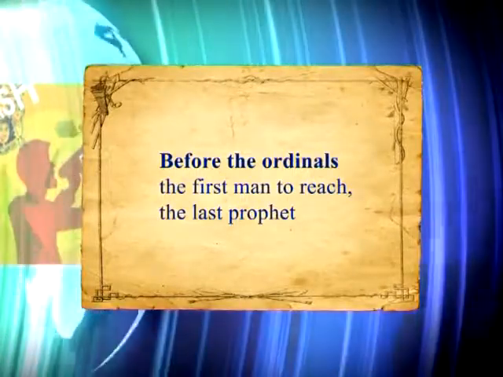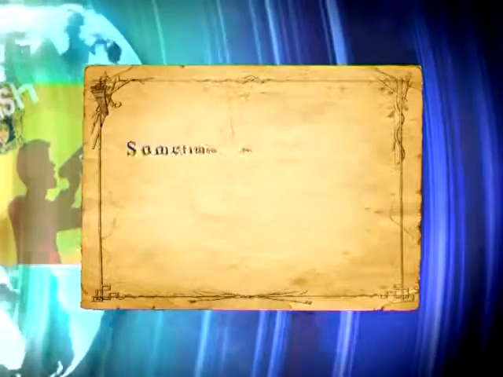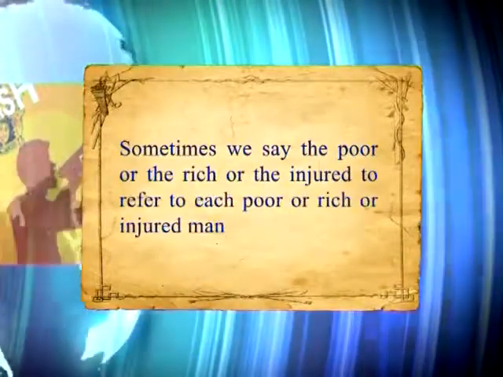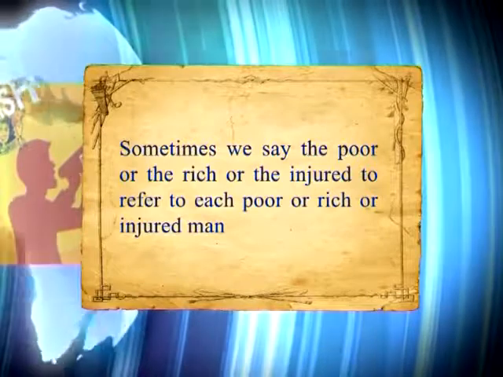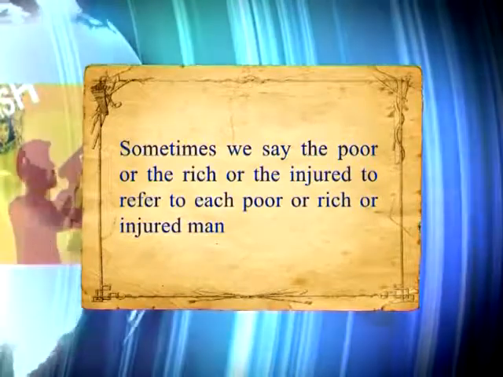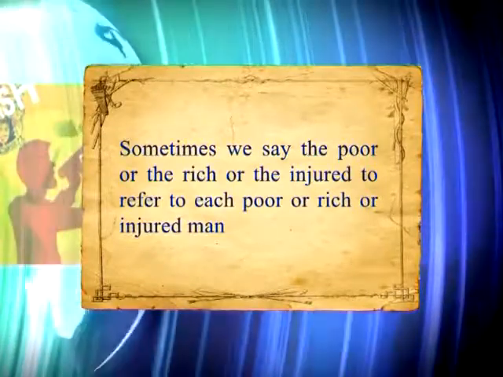Sometimes we say the poor or the rich or the injured to refer to each person who is poor, rich or injured. For example, the poor in Pakistan are in big trouble. The poor means all the poor, every poor man in Pakistan.